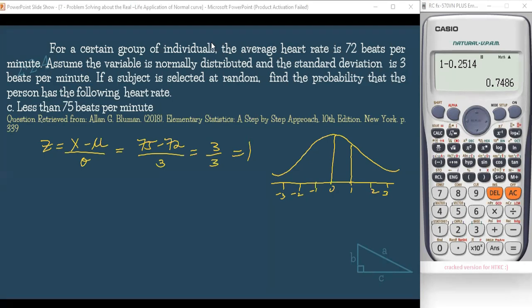So this part, my dear students, is greater, and this part is lesser. So from here to here is our shading, since we're after less than 75 beats per minute. That is our shade.